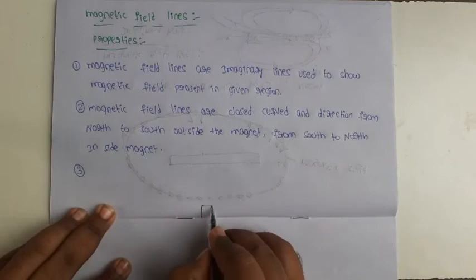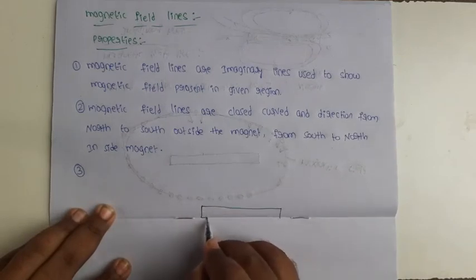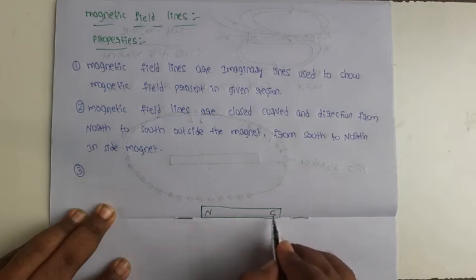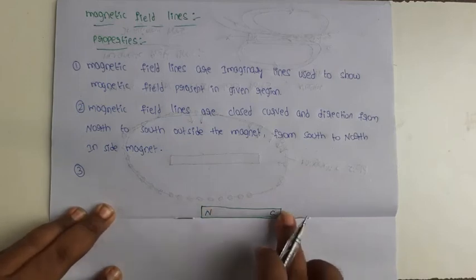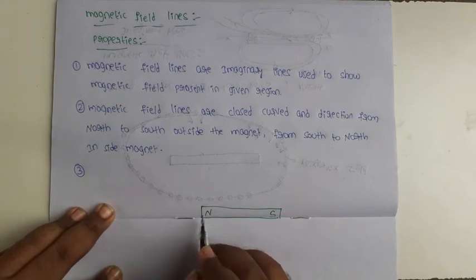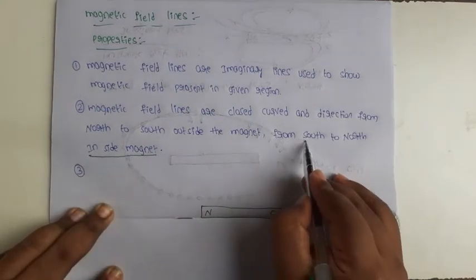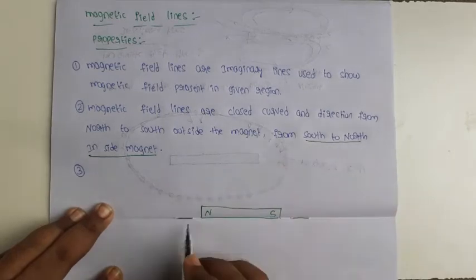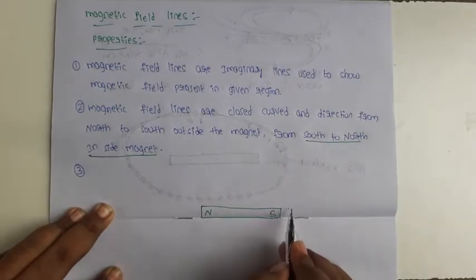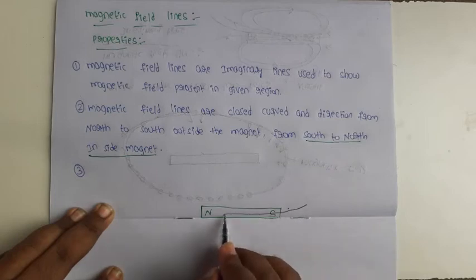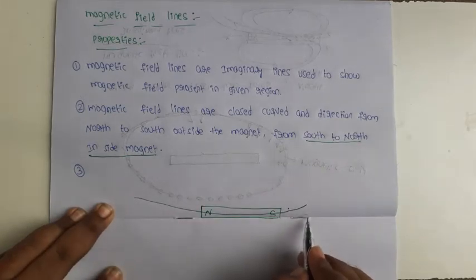This is a magnet, with a north pole and a south pole. Inside the magnet, what is the direction? South to north direction.